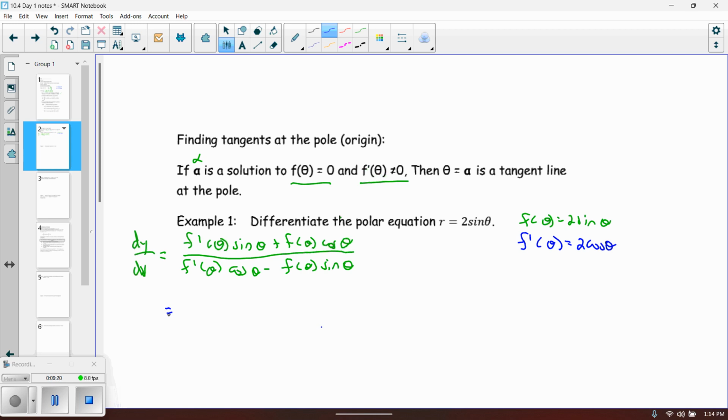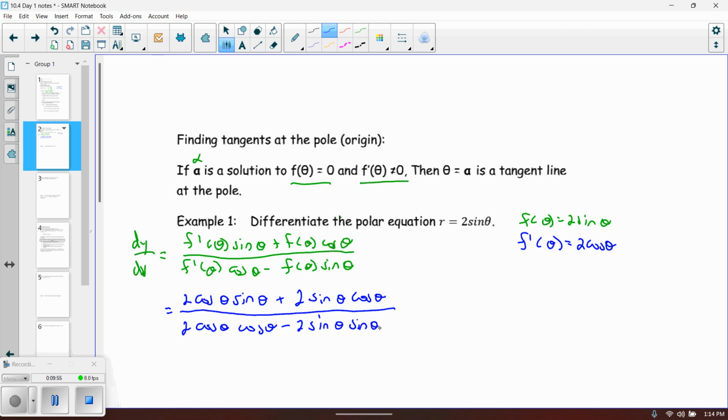So we've got f prime of theta, which is 2 cosine of theta times sine of theta, plus f of theta, which is 2 sine of theta times cosine of theta, all over f prime of theta, which is 2 cosine of theta times another cosine of theta, minus f of theta, which is 2 sine of theta times sine of theta.